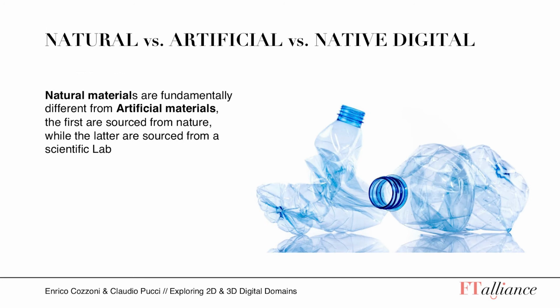Now I am going to speak about materials and the different typologies of materials. As you see, we started from a natural material, and we arrived to have, on this fabric, the digital version of the fabric. We can consider at least three different types of material, in terms of digitalizing material: natural material, artificial material, and native material.